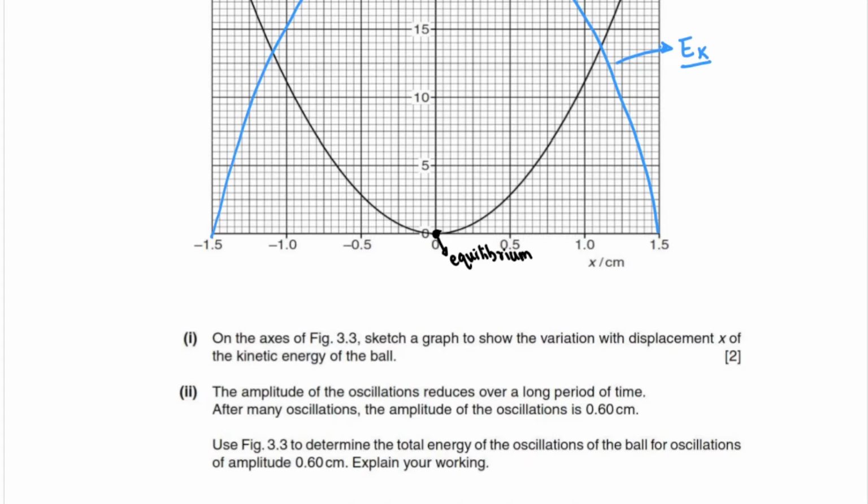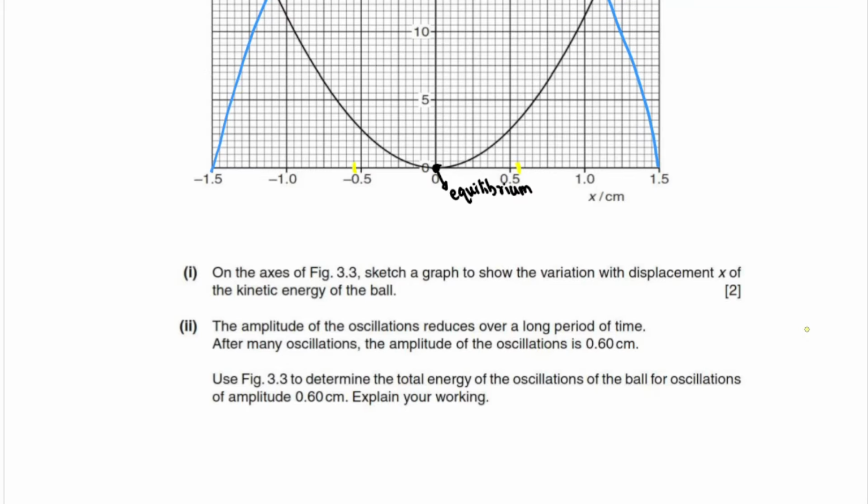Now, in the second portion of the question, it says that the amplitude of oscillation reduces over a long period of time. After many oscillations, the amplitude of the oscillation is 0.6 centimeters. Then they say, use figure 3.3 to determine the total energy of the oscillation of the ball for the oscillations of amplitude 0.6 centimeters. Explain your working.